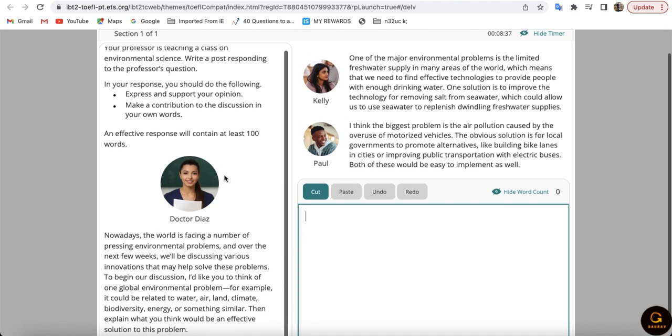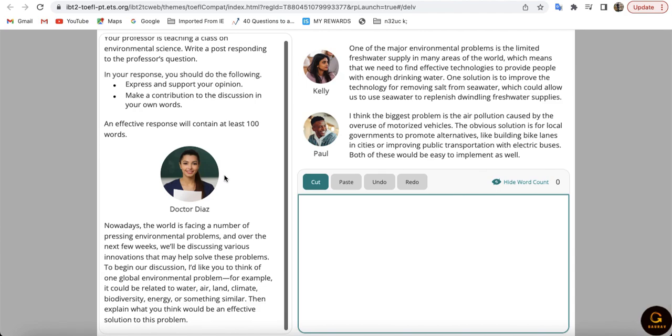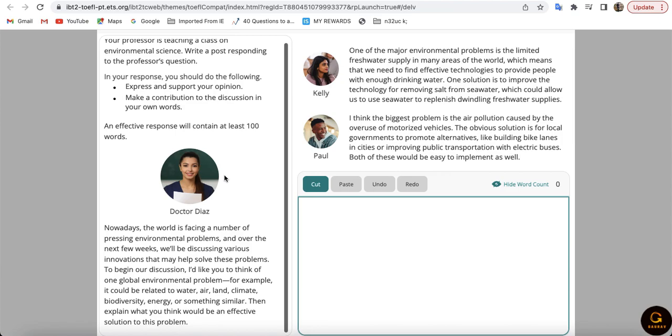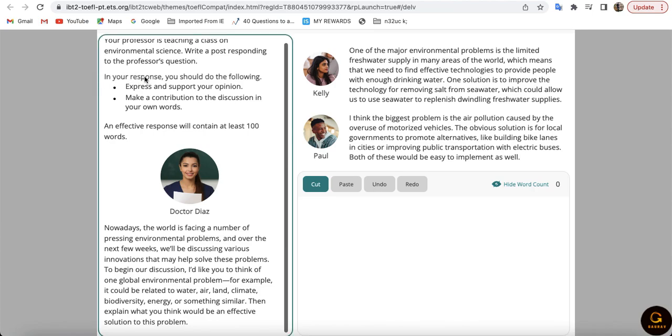So you will first read it to get the idea what this lecture is about, what they are talking about, what you have to talk about, and how you have to strengthen your position. Here in your response it says you should do the following: express and support your opinion, make a contribution to the discussion in your own words.